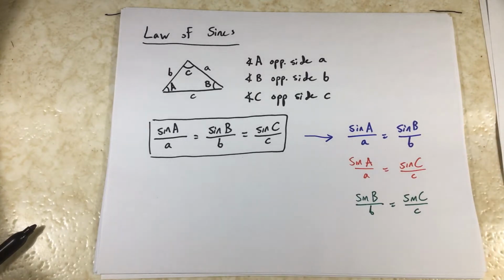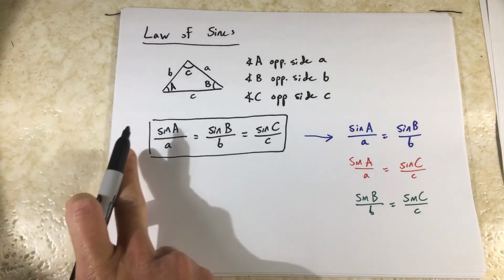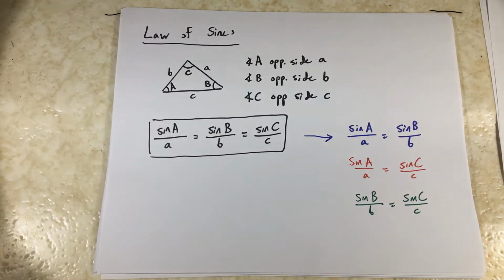So you can mix and match depending on what kind of problem you're doing. But if you recognize the template, which is the sine of an angle divided by the side opposite that angle, that's basically it. And you can do that for any pair.